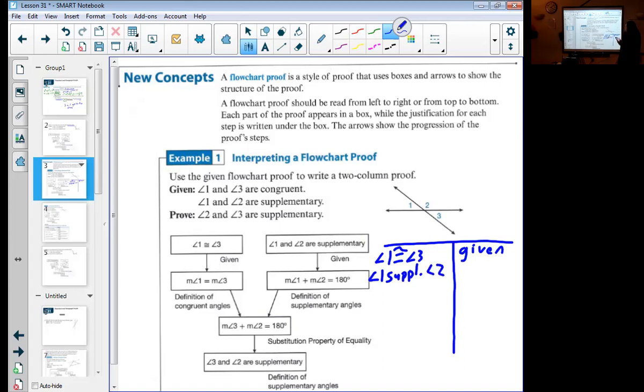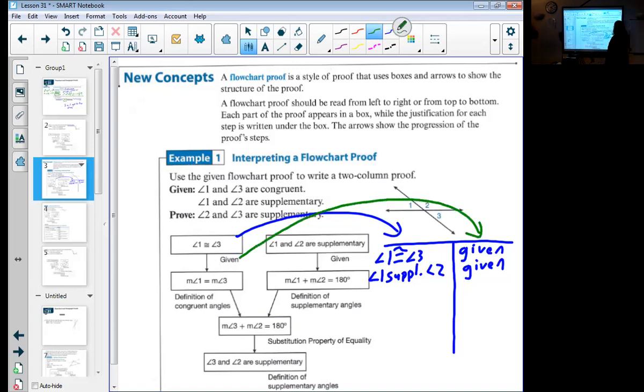The reason for that is it is given. So all we're doing is taking the information from the boxes and putting it in the left column. We're taking all of the words and putting them into the right column.